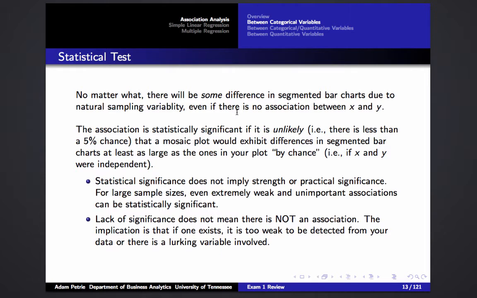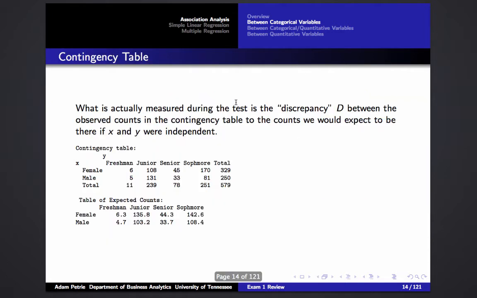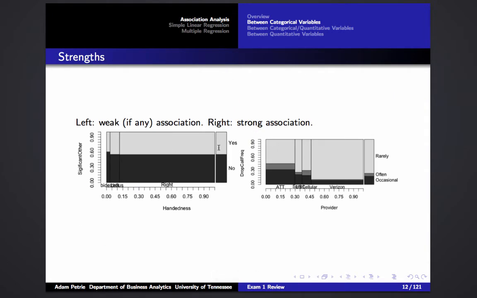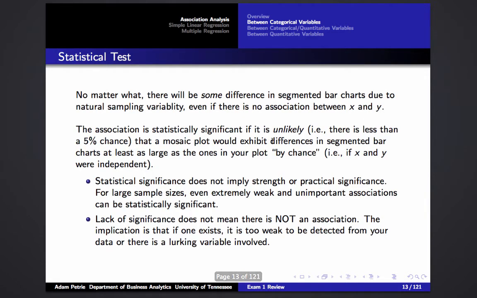So when we want to follow this up and determine that there is or is not a statistically significant association, what we need to do is figure out if the observed differences in the segmented bar charts that we're seeing can just be explainable by chance. We're just collecting data, it's a random sample, so we expect there to be some variation. We need to make sure that the variation that we're observing really can't be readily explainable by just chance variation here.